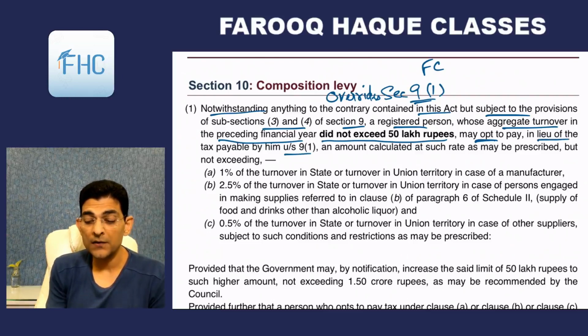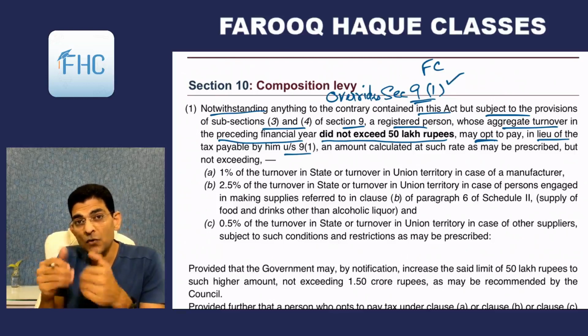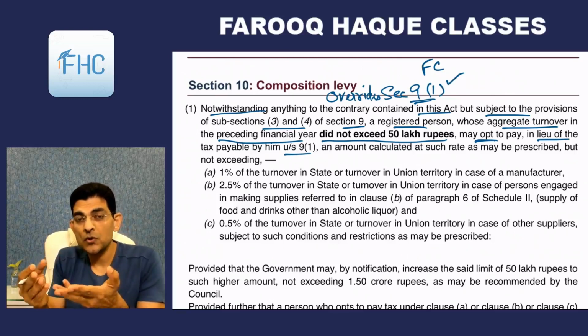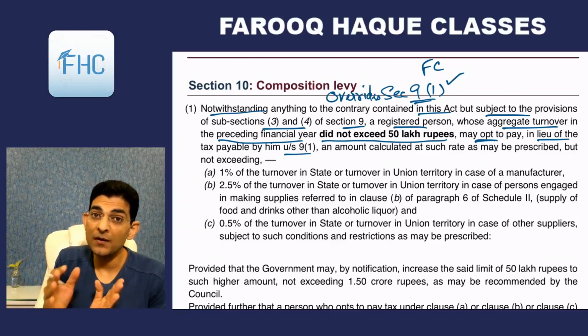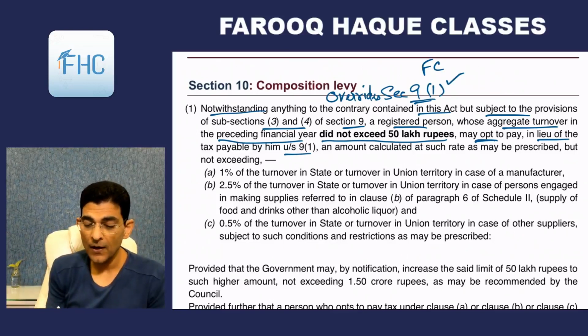So as I told that this section 10 overrides section 9(1). So 9(1) is your forward charge on your outputs. So instead of paying the normal rate, you can opt to pay composition rate of tax. An amount calculated at such rate as may be prescribed. Prescribed by whom? Government in consultation with the Council.